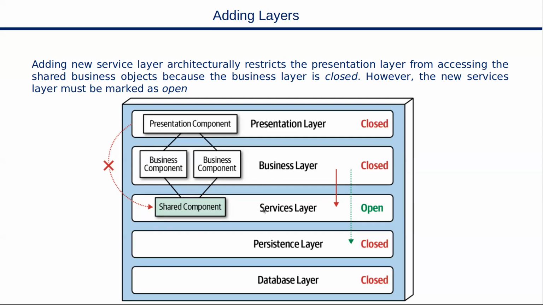In this case, it makes sense to make this layer open, because in some cases the business layer doesn't need to go through the shared component to the persistence layer. In some cases, it should. So the business layer will have the ability to choose in which situation it should use the service layer and in which it should not.